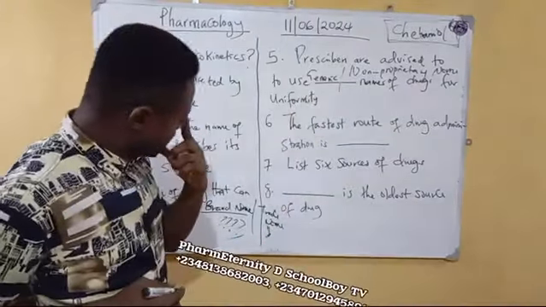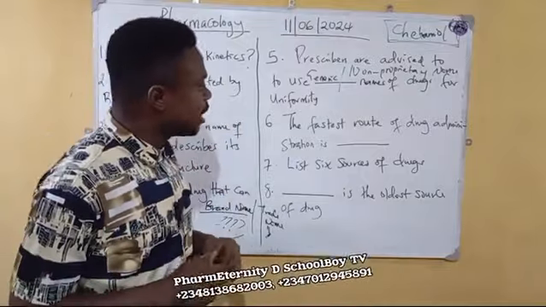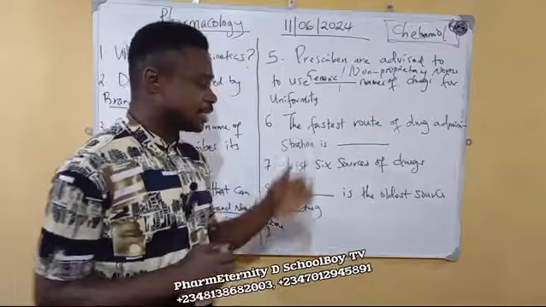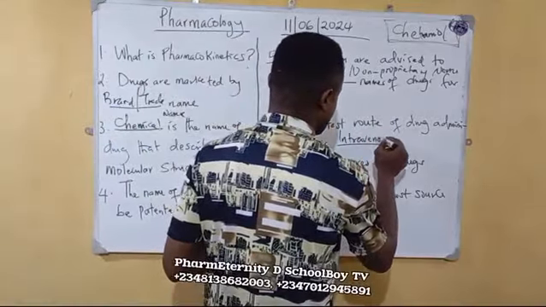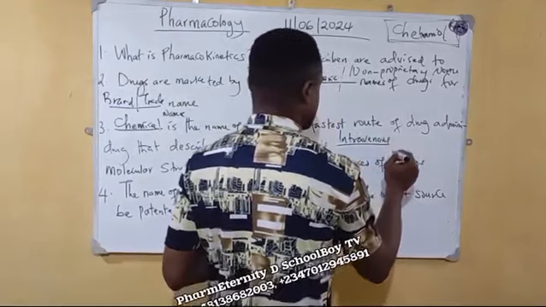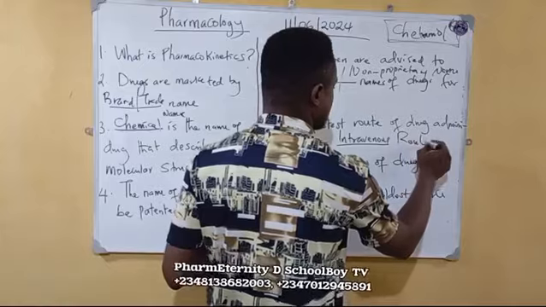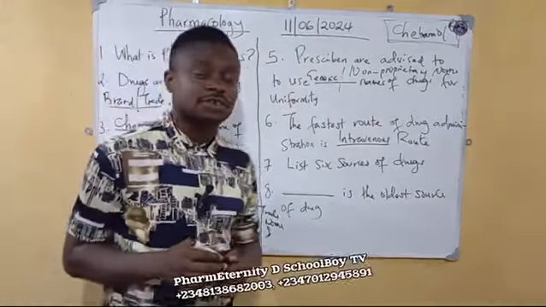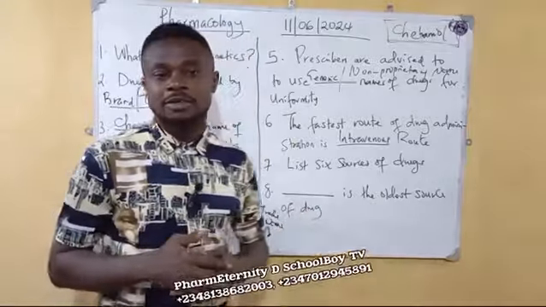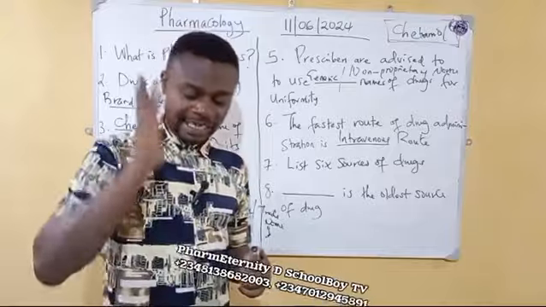Now, number 6, the fastest route of drug administration is dash. This is intravenous, IV. Intravenous route is the fastest route of drug administration. The onset of action is almost immediate.